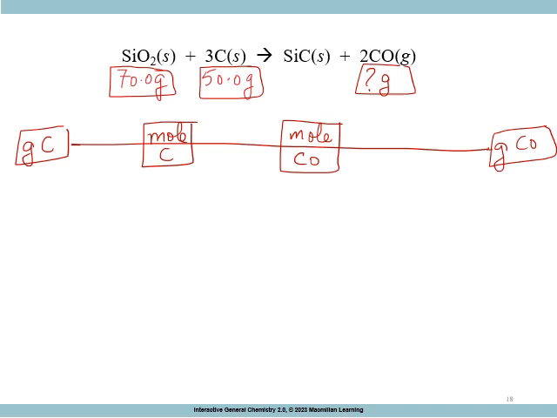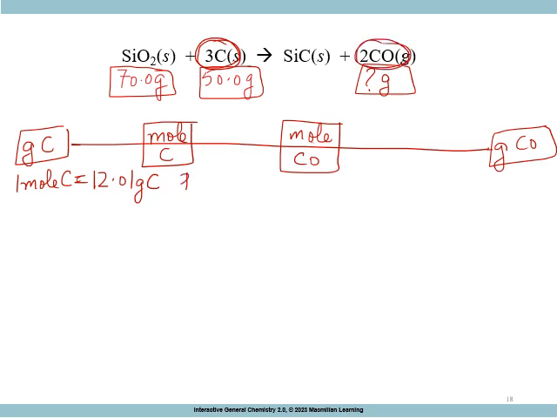How do we go from between grams and moles here? 1 mole of carbon is going to be 12.01 grams of carbon. How? Molar mass from periodic table. 1 mole of carbon to carbon monoxide is right here. For every 3 moles of carbon, we can make 2 moles of carbon monoxide.